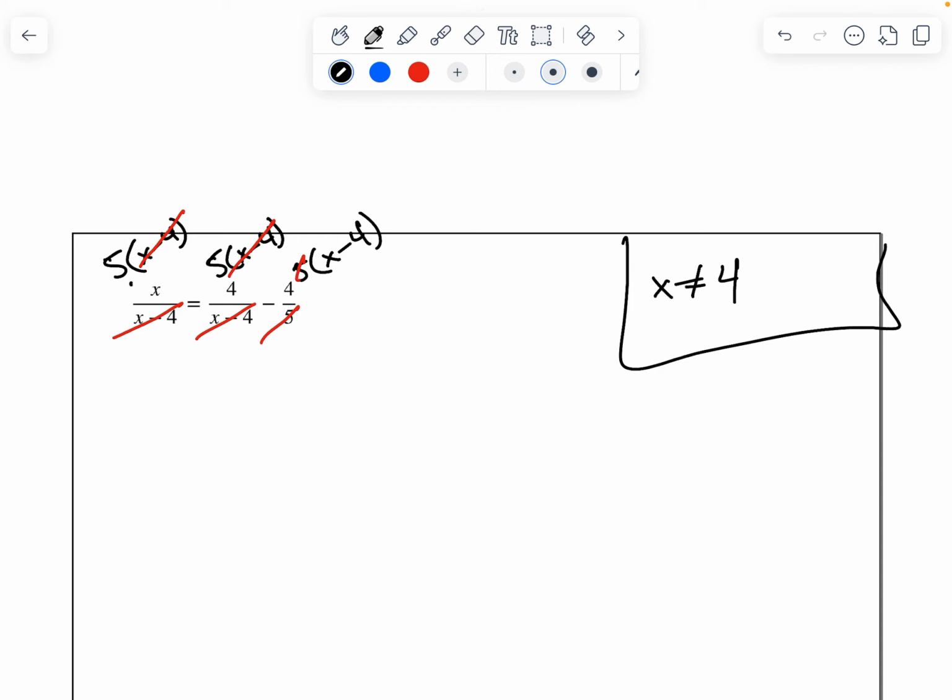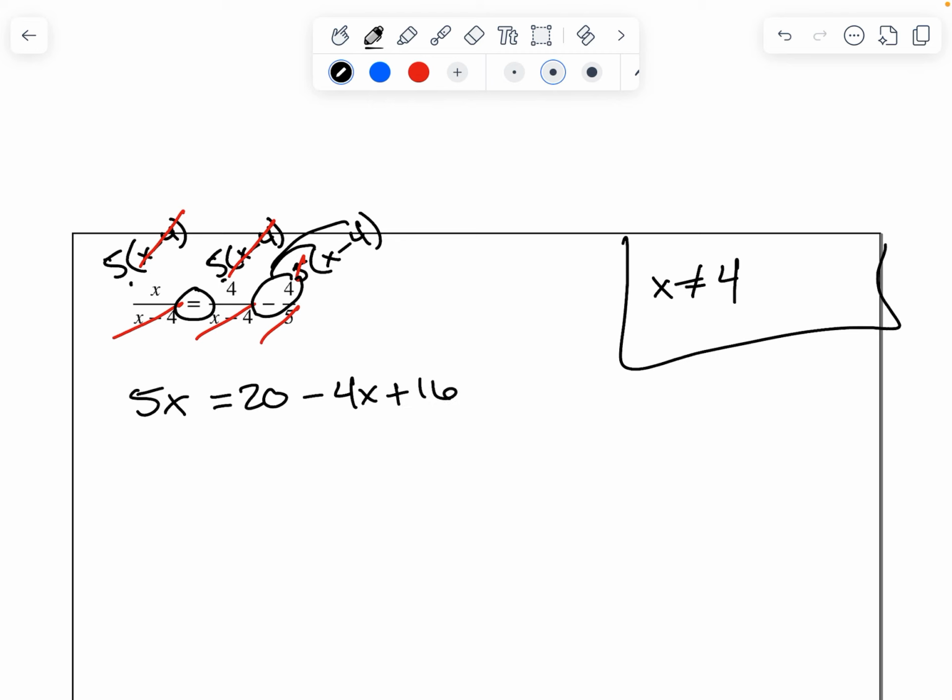So 5 times x is 5x equals, I'm keeping the same signs as I had. 4 times 5 is 20. That's there. Keep the minus. This is really like a negative 4 here, okay? Negative 4 times this entire factor. Negative 4 times x is negative 4x. Negative 4 times negative 4 is positive 16.